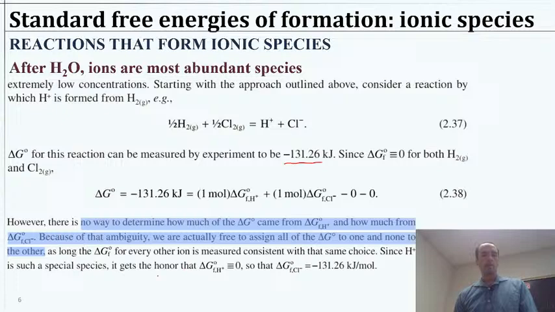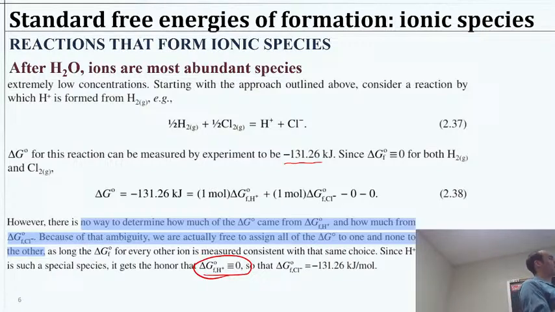We give H+ the honor of being set to 0, and we just call it a special little thing. In part, it's almost like the H+ is the inverse of an electron in solution. It's so fundamental to so many reactions that it gets a little special treatment.